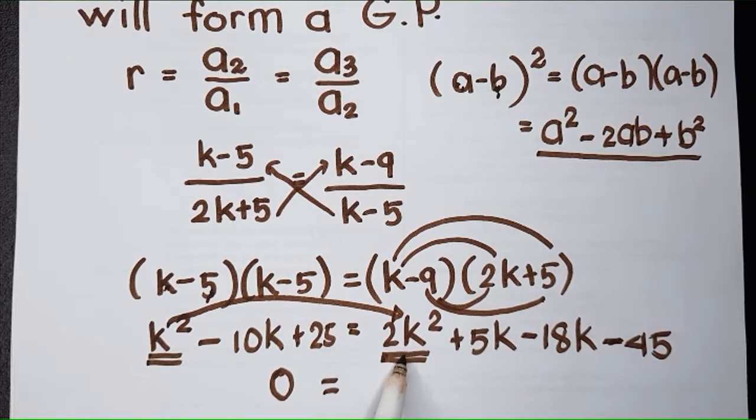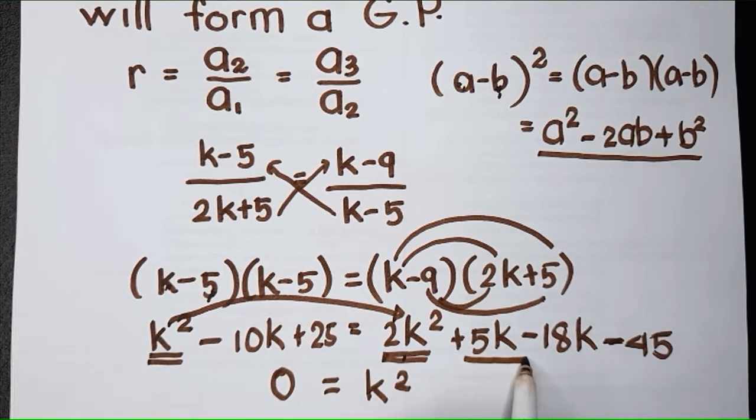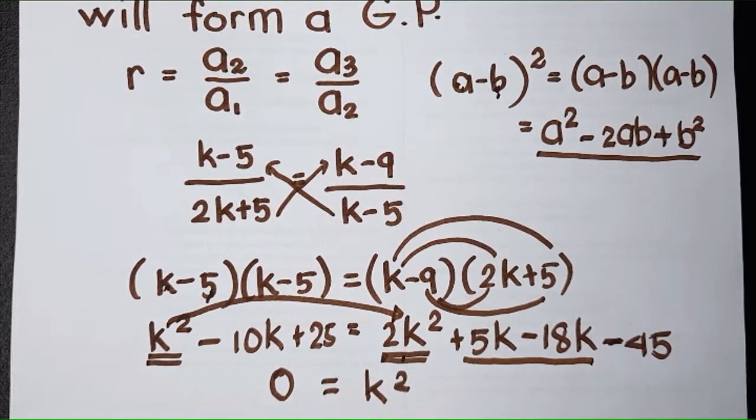So, we'll have 2k squared minus k squared. So, we only have 1k squared. Okay? What about the k's? You have 5k minus 18k. What do you get here? You will get negative 13k. So, you have negative 13k here.